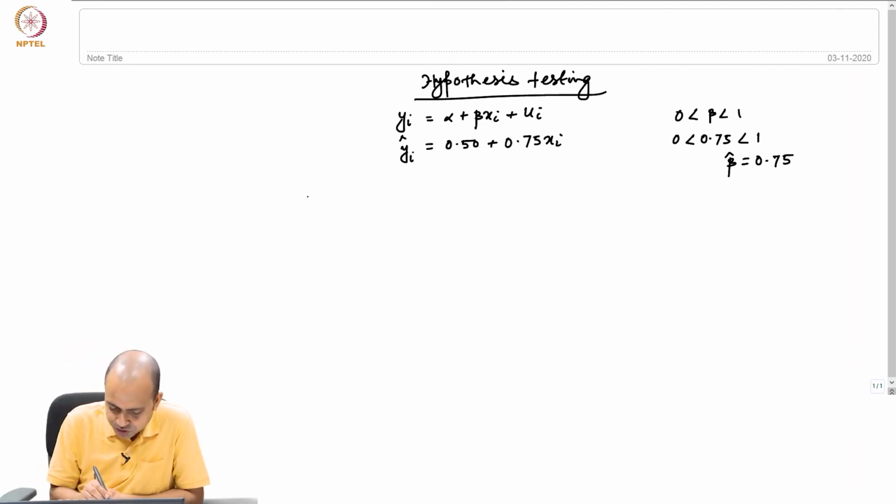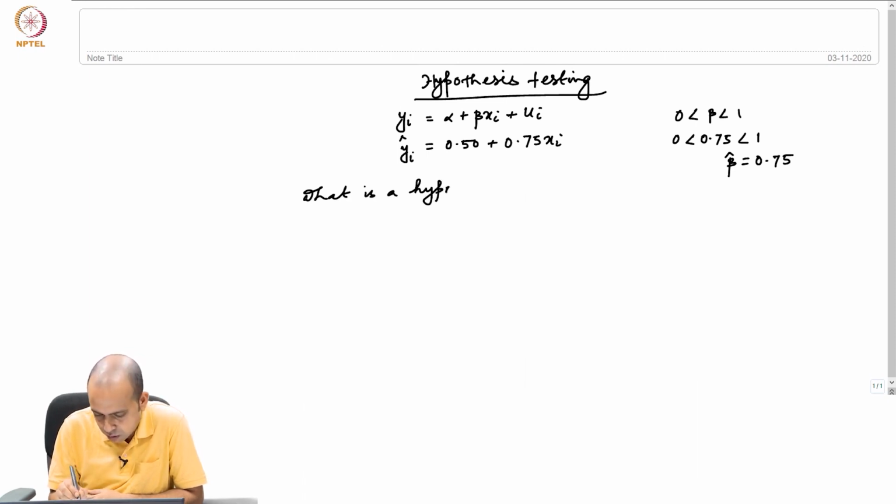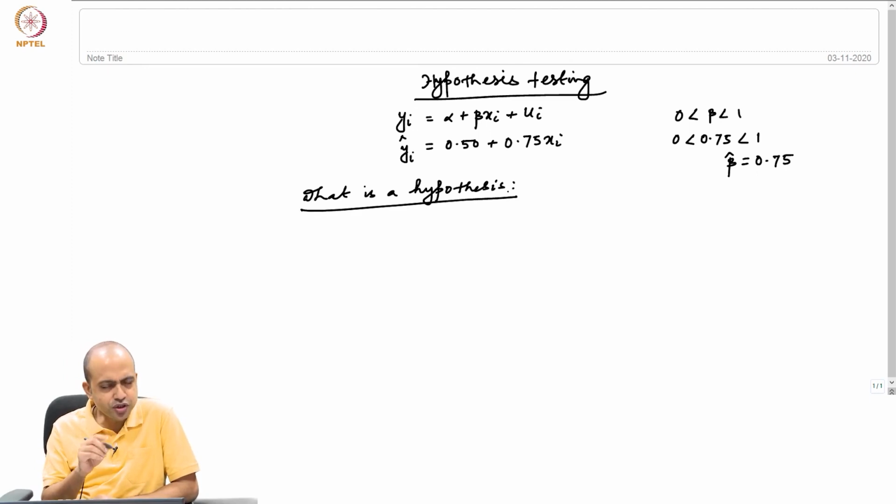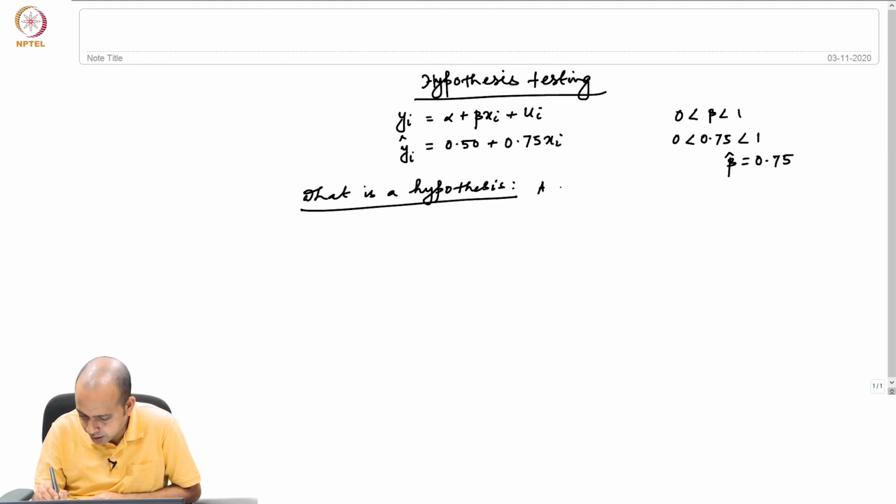So, what is a hypothesis? First of all, a hypothesis is basically a guess. A hypothesis is actually a guess about the true population parameter.